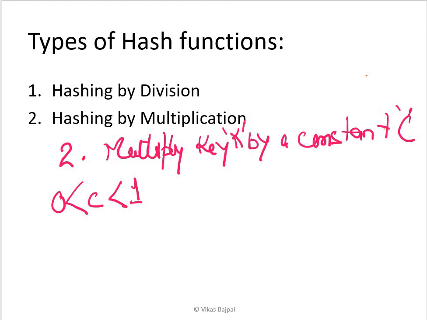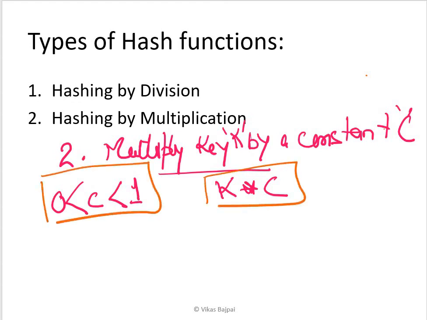So this multiplication takes place, that is your k into c, where my c is in between 0 and 1. Now the next step is extract the fractional part.